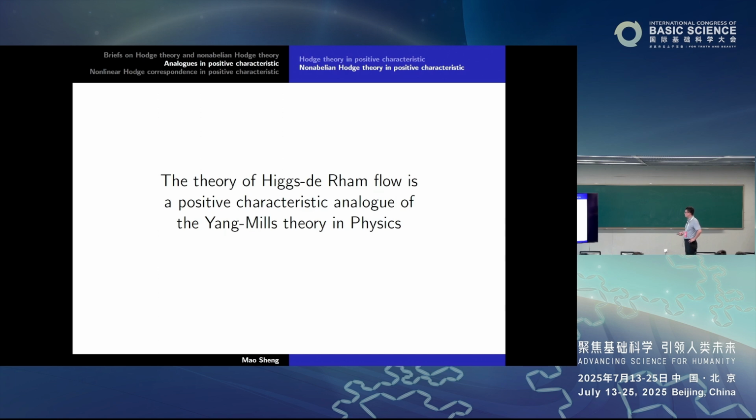Now I want to move on to the theory of Higgs-de Rham flow. Before that, I would like to say that the theory of Higgs-de Rham flow in positive characteristic is an analog of the Yang-Mills theory in physics. We do have a theory in mixed characteristic, but here, since I'm only talking about the characteristic p theory, it's positive characteristic. So it's not about giving a characteristic p differential equation.